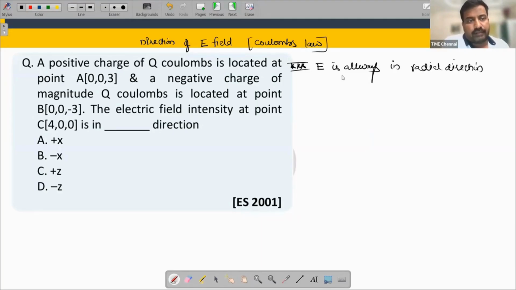Please type your answer in the chat box.